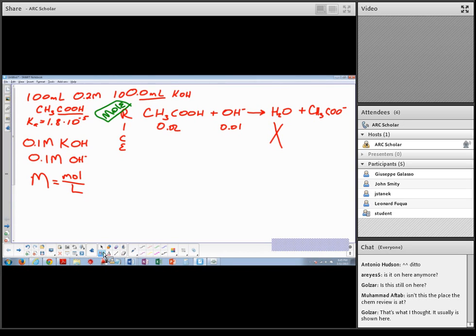Because it's a pure liquid. And there's no acetate yet. We're assuming no dissociation yet. So obviously, which one's going to be used up first? Which one's last? The OH. So we're going to be forming 0.01. That's gone, and this one's down to 0.01.